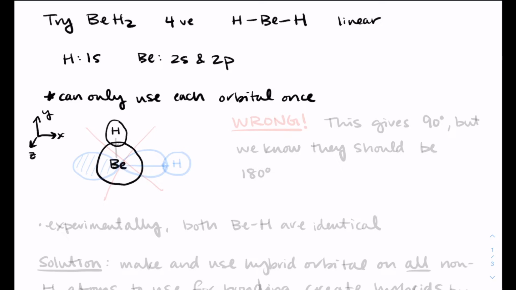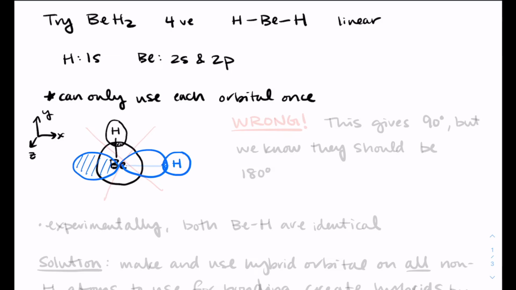And then when I go to pick a p orbital, my p orbitals could be px, py, pz. If I try to use the py, then my hydrogens end up kind of in the same spot.